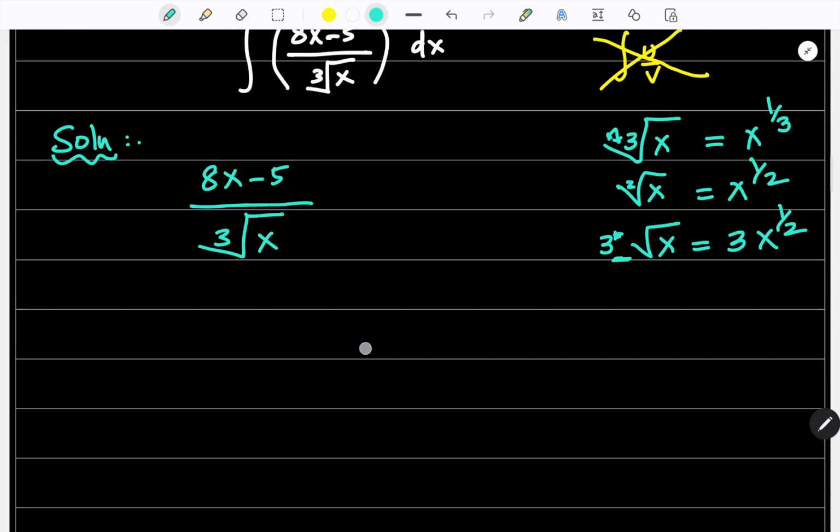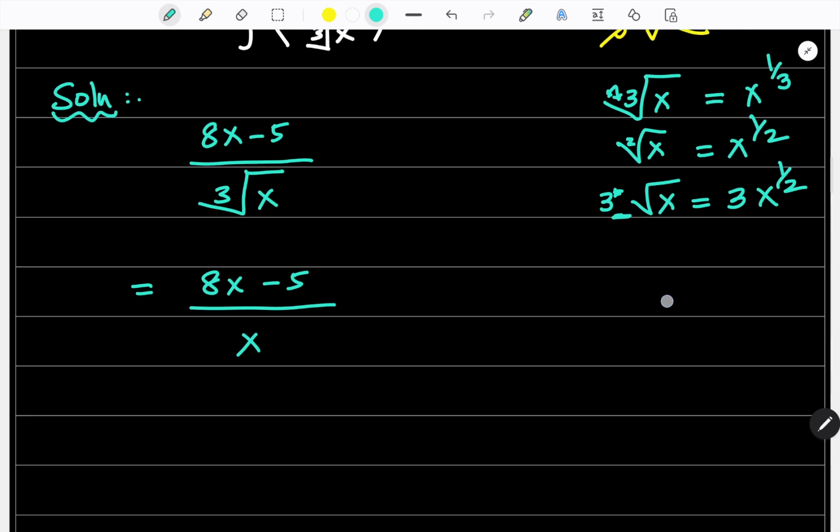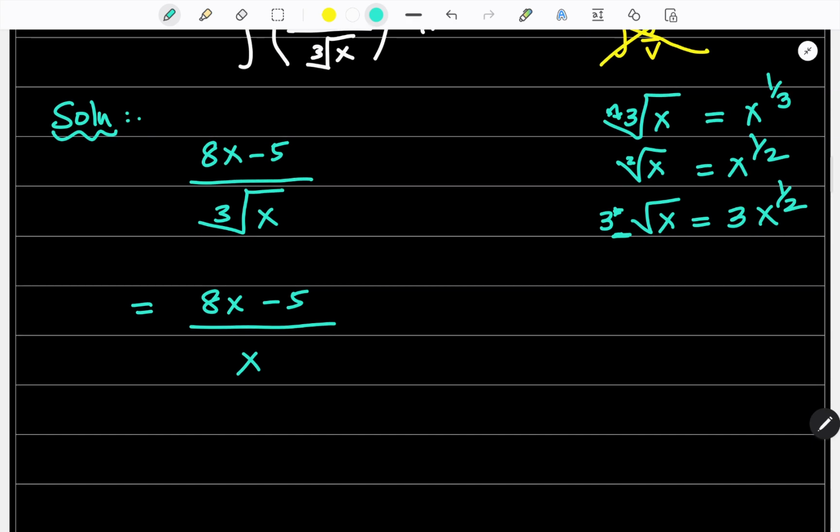Okay? Right. So what I'm going to do, I'm going to write this as 8x minus 5 divided by x to the power of 1 over 3. Right? Now using algebraic idea, suppose you have 5x minus 1 divided by x square.